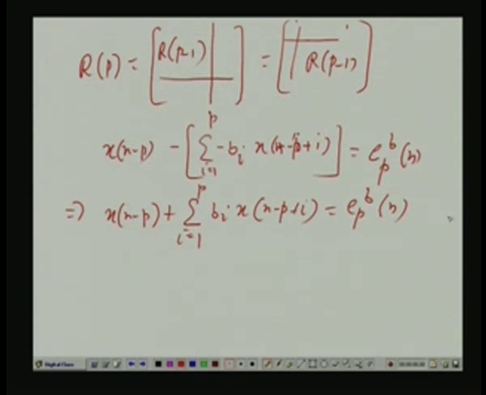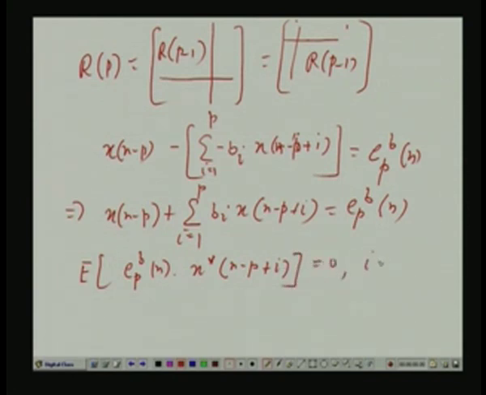That means, if I now use that orthogonality, multiply the left hand side by x star, that means if I put it like this, E of E p b n into x star, this will be equal to 0.